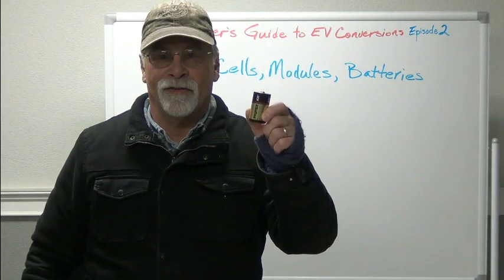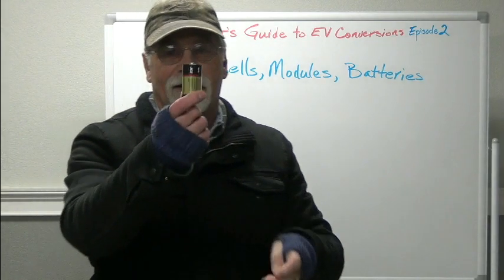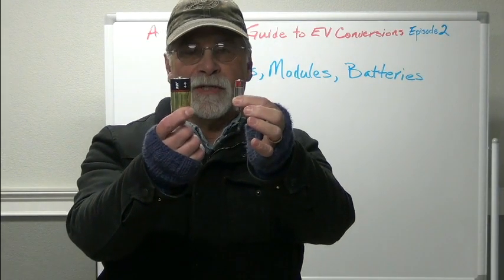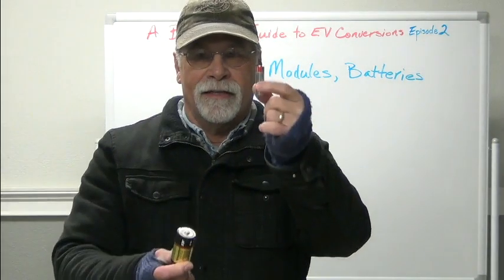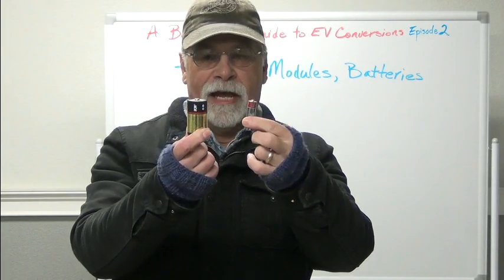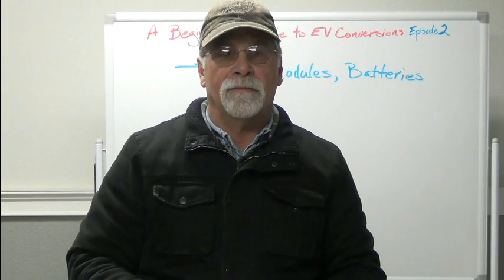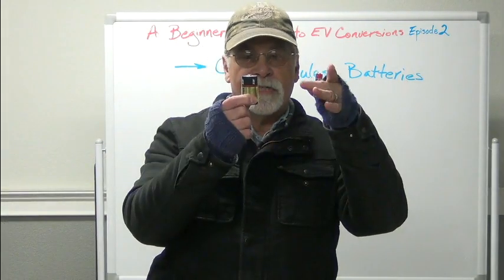And dry cells are 1.5 volts. So this is 1.5 volts, this is 1.5 volts. The difference between these two, other than that form factor, is the capacity. This has more amp hours than this has. Greater capacity, thus the greater size. But they're the exact same voltage because they're the exact same chemistry. So these two were cells.